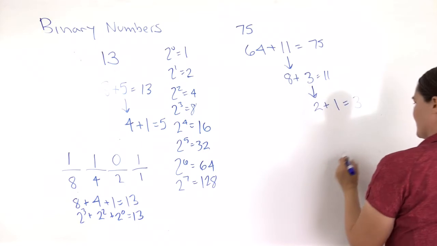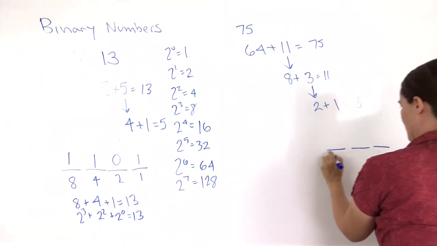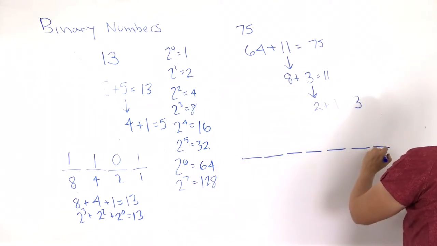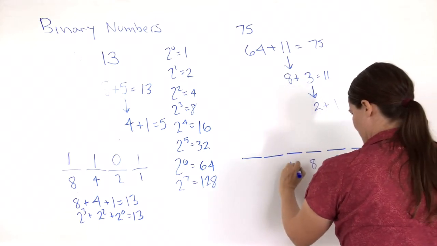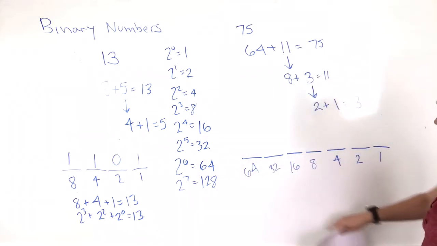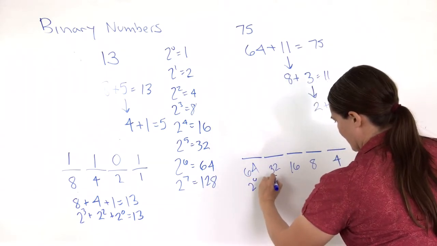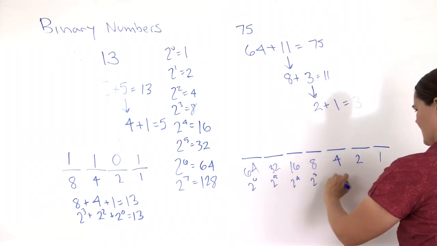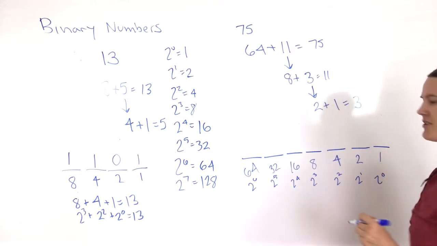So I'm going to write down the binary digits for this. So I have 1, 2, 3, 4, 5, 6, 7. And so this is 1, 2, 4, 8, 16, 32, and 64. And just to remind you, remember this is 2 to the 6th, 2 to the 5th, 2 to the 4th, 2 to the 3rd, 2 squared, 2 to the 1, and 2 to the 0.